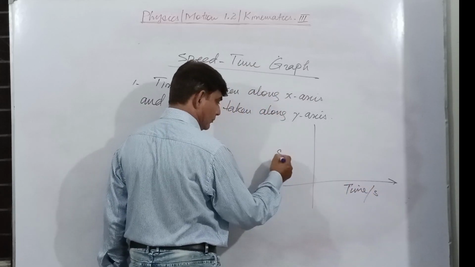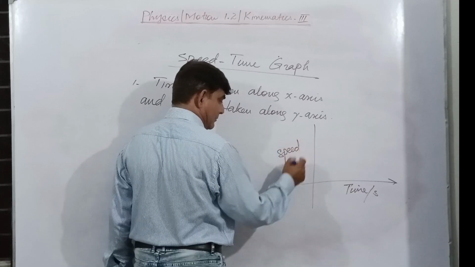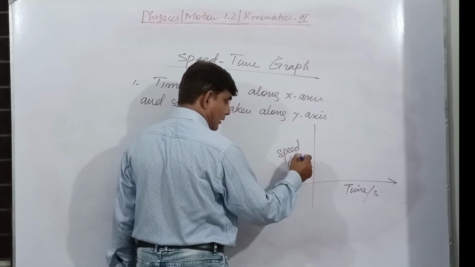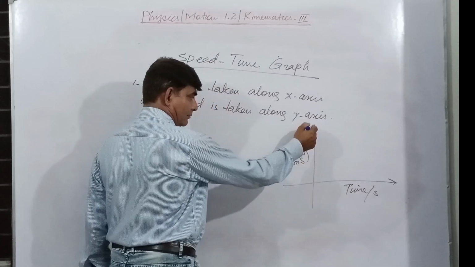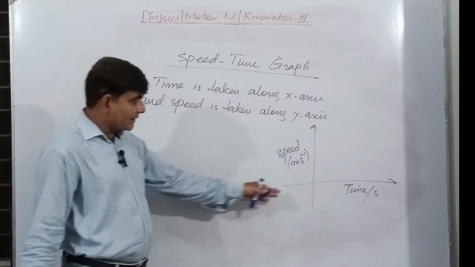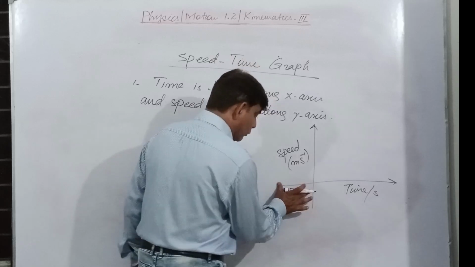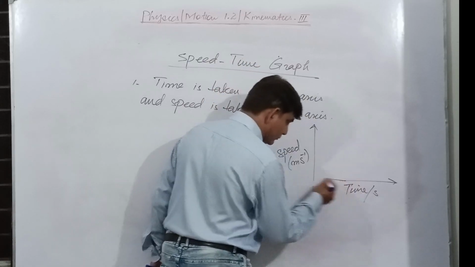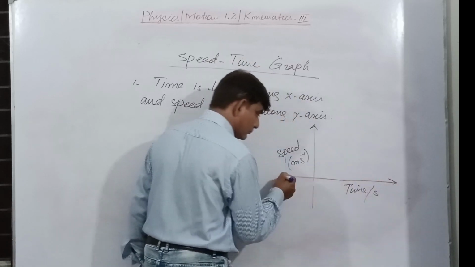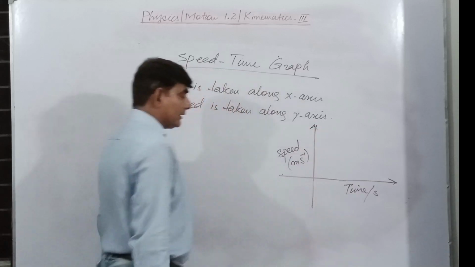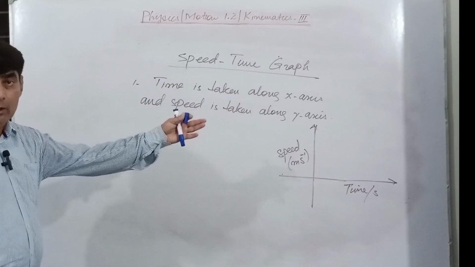Time in seconds, speed in meters per second. So time is considered along x, speed along y.